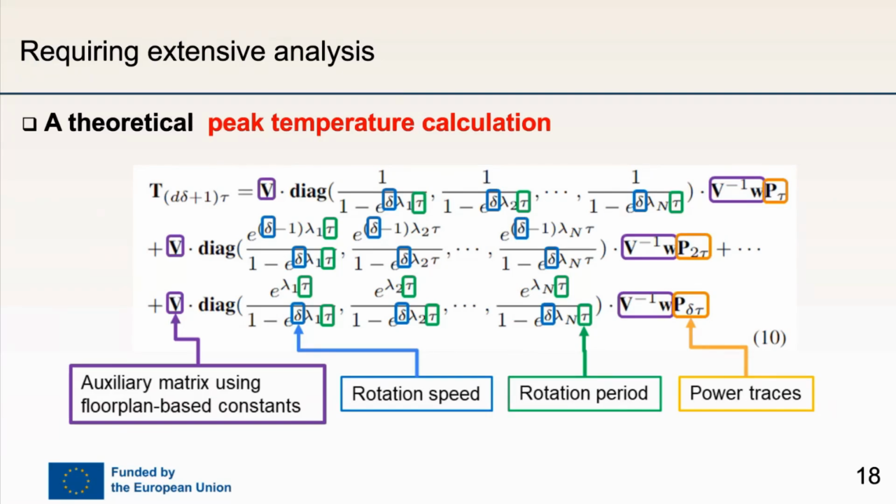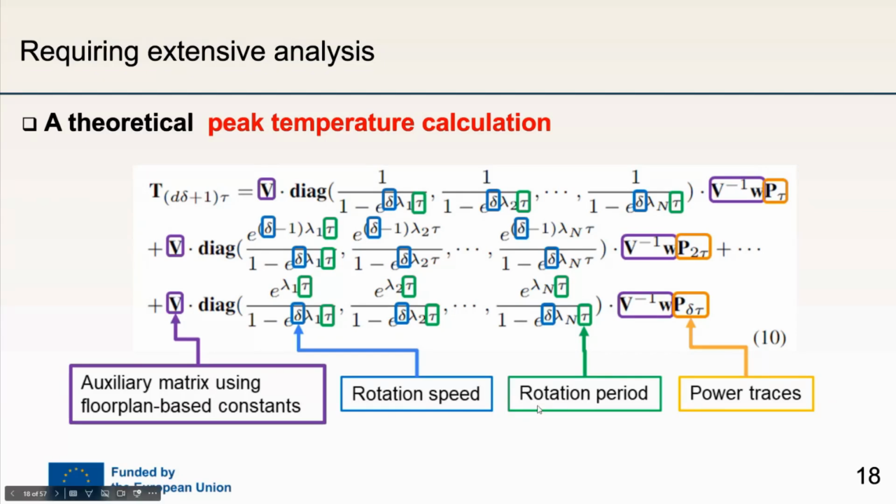It requires extensive pre-analysis of each floor plan and workload, making it inflexible for dynamic workloads or real-time adjustments. To overcome these challenges, a machine learning-based approach provides a more flexible and generalizable solution for thermal management.